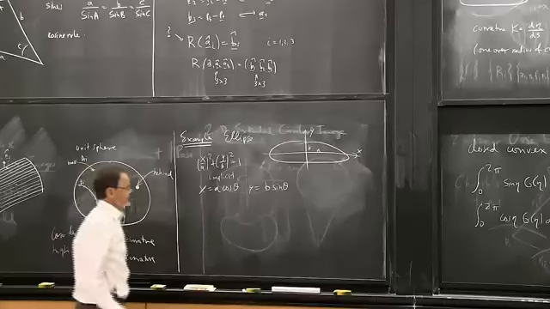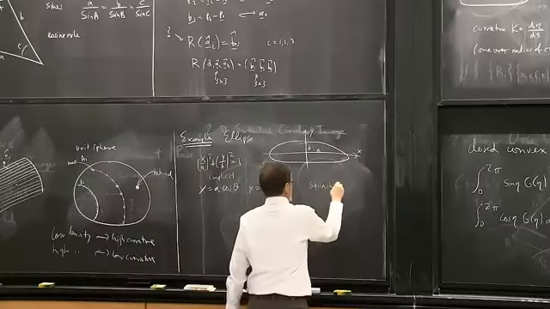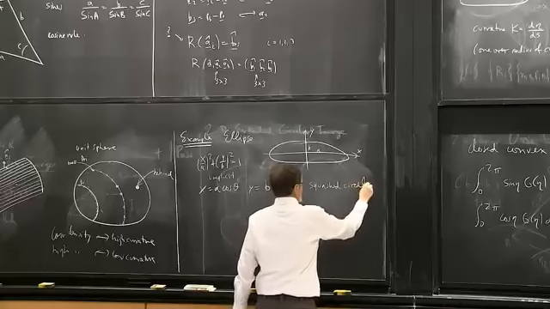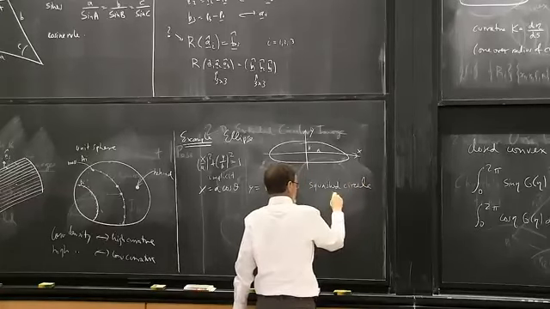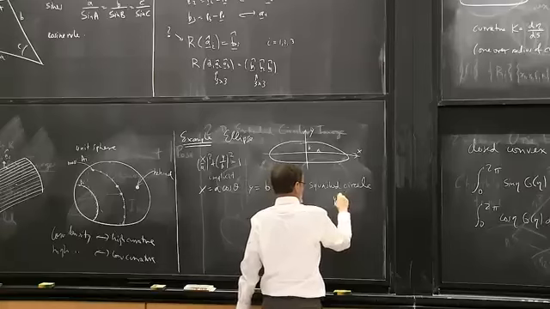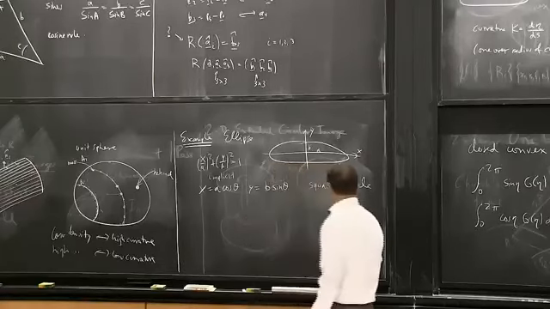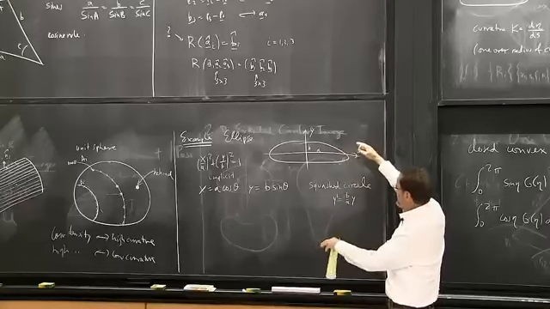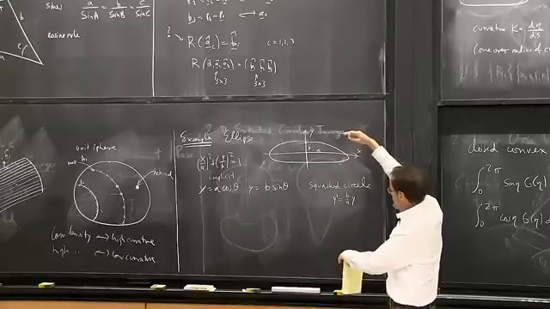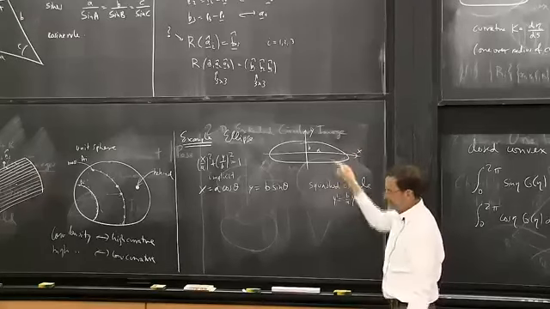Okay, so what is this? Well, we can think of this as a squashed circle. Imagine a circle of radius a, and we've squashed the vertical dimension by this factor, and we get that.